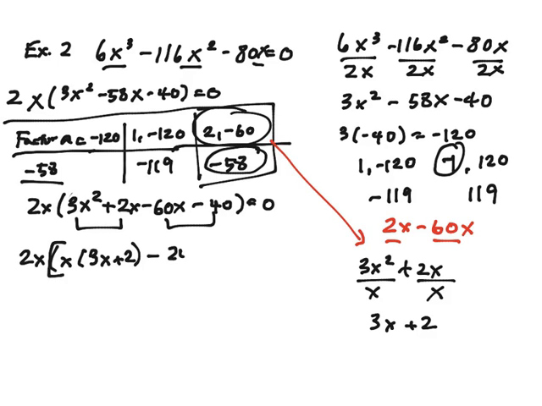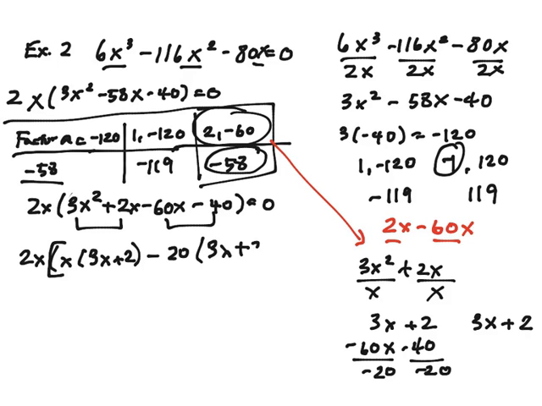That's negative 20. When I factor that out, divide both of the terms by negative 20. So we have 3x plus 2. So we have 3x plus 2 equals 0.